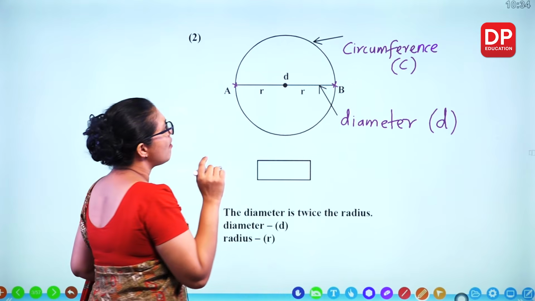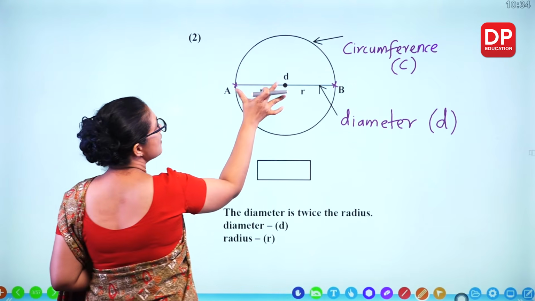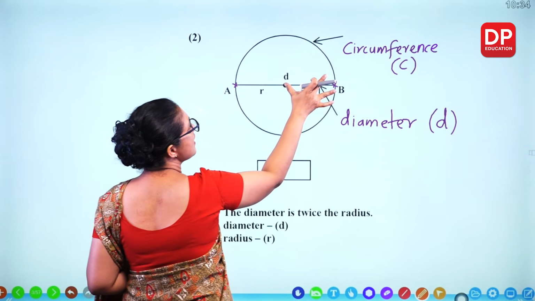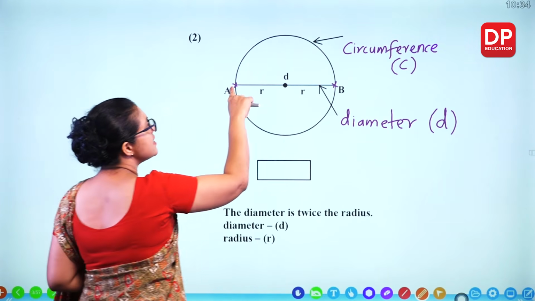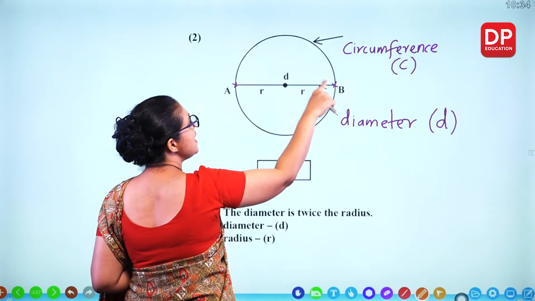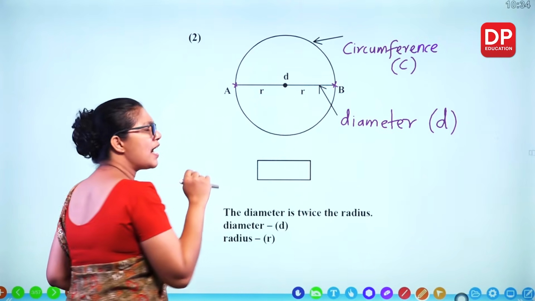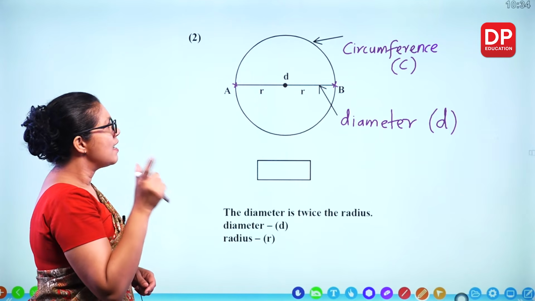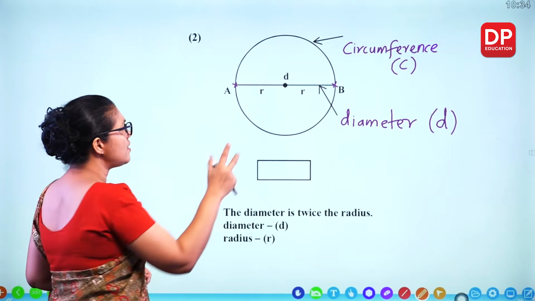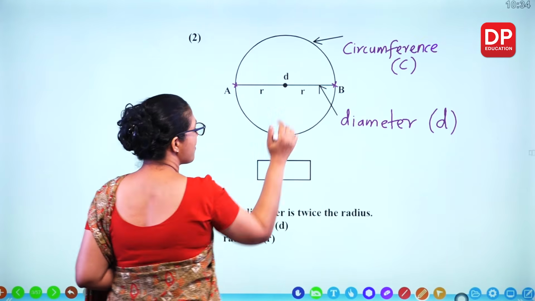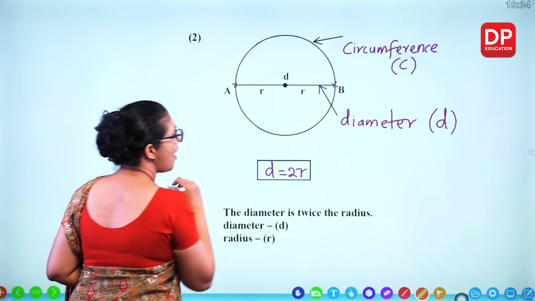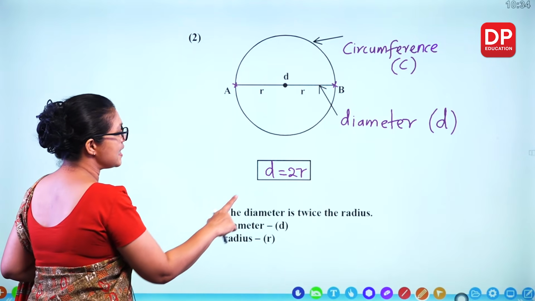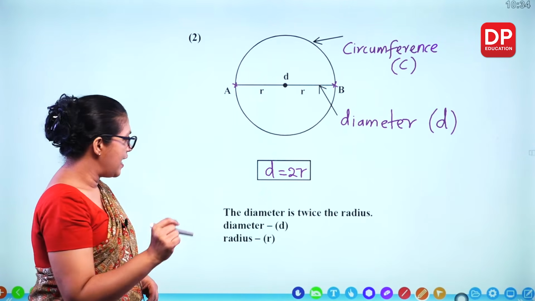Observe carefully. This distance is radius. Again this is radius. How can I write D, the diameter, in terms of radius? One diameter equals 2r. So D equals 2r. The diameter is twice the radius.